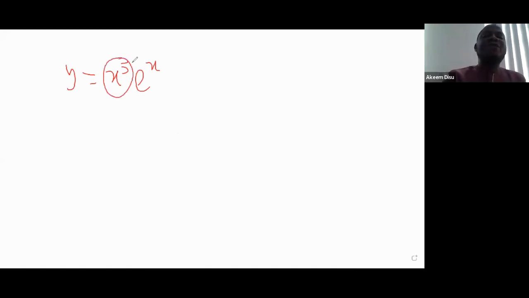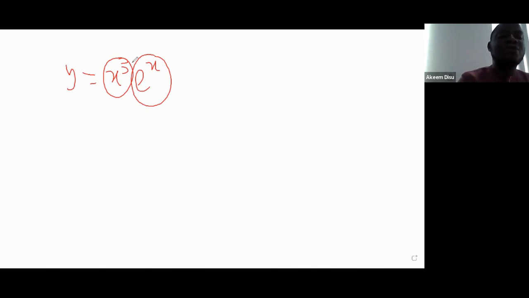x raised to power 5 is one function. Exponential x is another function. You now say let u is equal to x raised to power 5 and v is equal to exponential x.